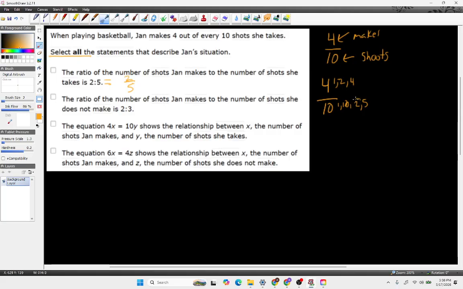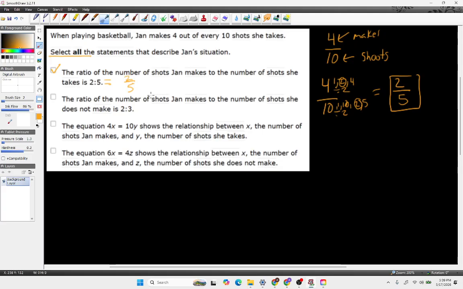And I can see the greatest common factor here is 2. So now dividing the top by 2 and the bottom by 2, we get 4 divided by 2 is 2, 10 divided by 2 is 5. And so we see that this is correct. Let's go to the next one.